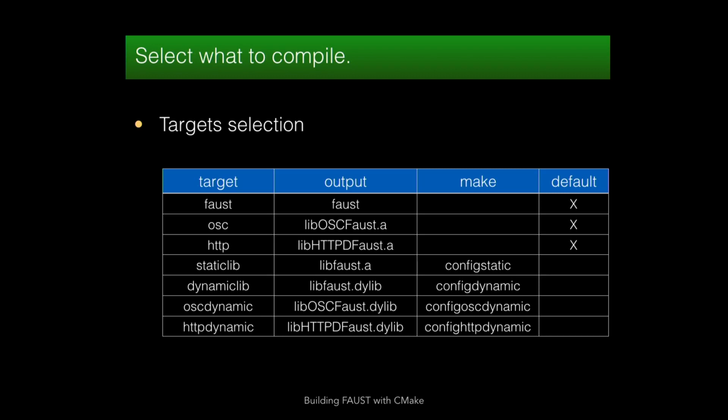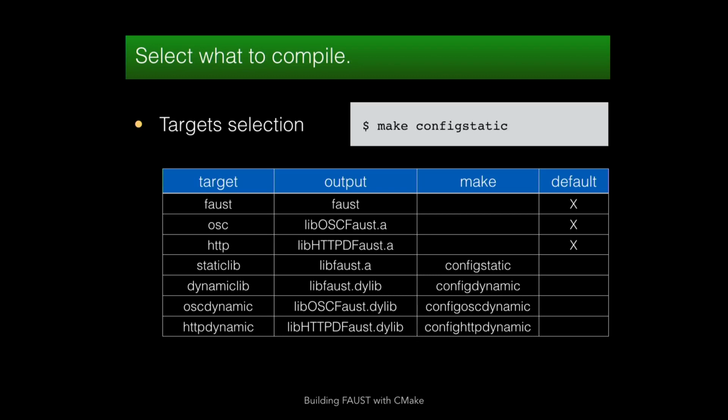For example, you can type make config static to add the Faust static library, or make config dynamic, etc. Of course, all these make targets are also available directly using CMake, so that you are not constrained to use make.